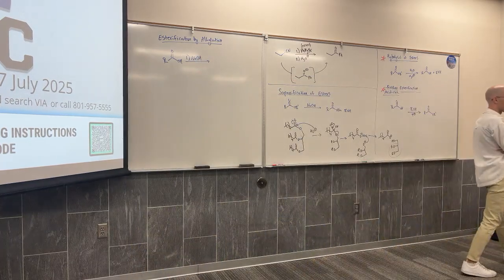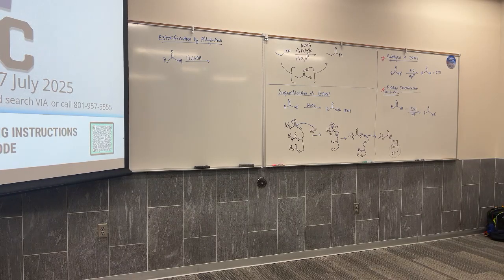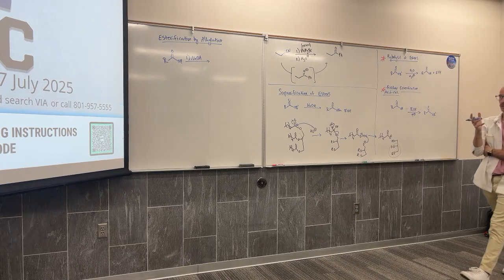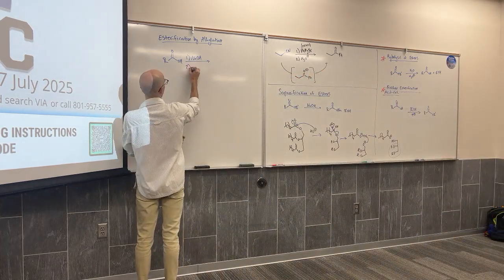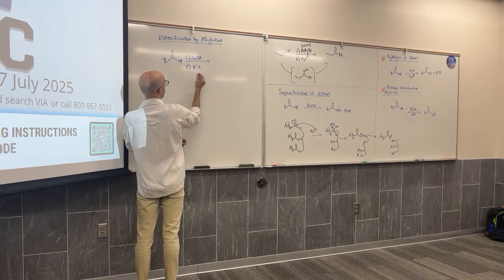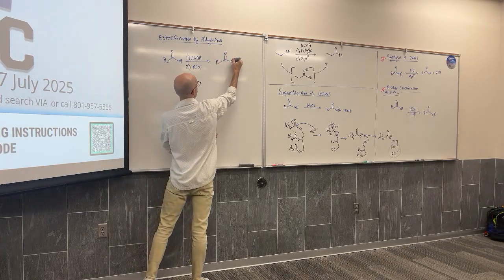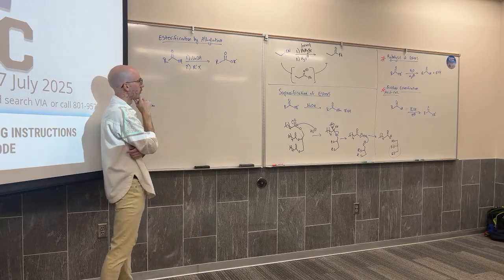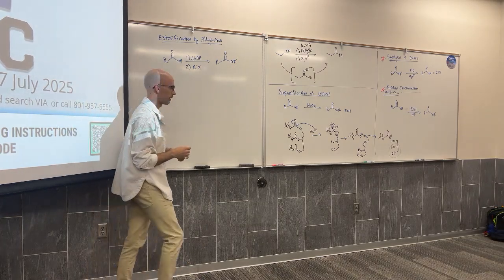So we add something like sodium hydroxide, which turns our carboxylic acid into a carboxylate. Carboxylates are nucleophilic. And then we can introduce an alkyl halide. And our carboxylate substitutes the alkyl halide.